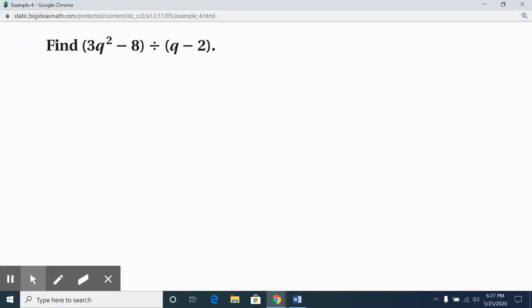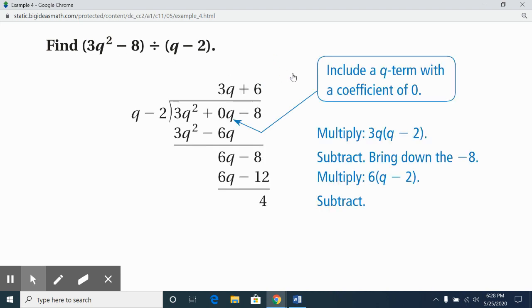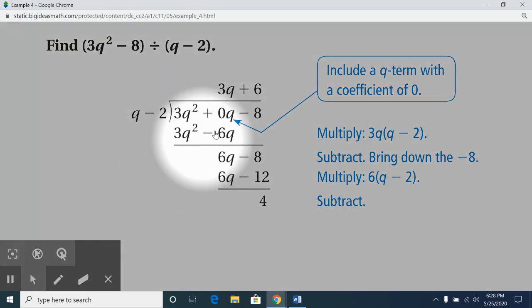Example 4 shows us we're dividing 3q squared minus 8 by q minus 2. What's different about this problem is hopefully you're seeing there's no middle term where there's just a single q in the term. So here's what they do.